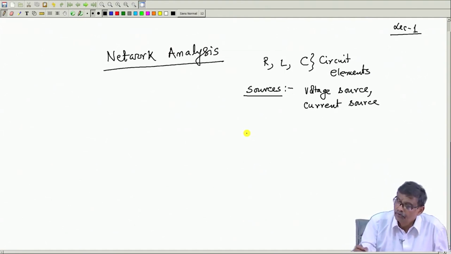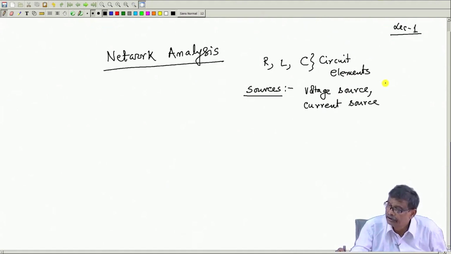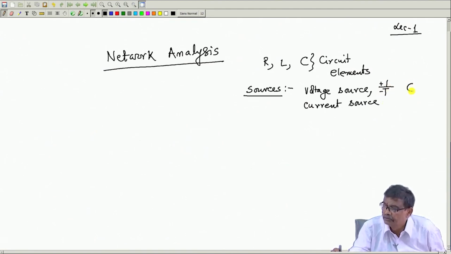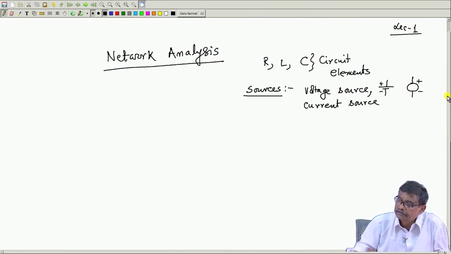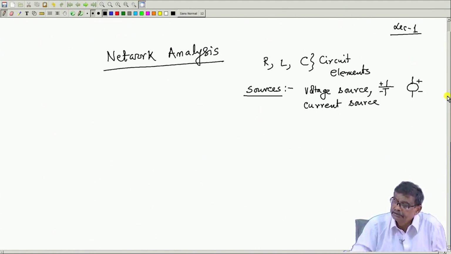The voltage source, if it is DC, will be denoted by a battery like this, or if it is a large DC voltage, it will be denoted by polarities mentioned like this. This is how DC voltages are mentioned.